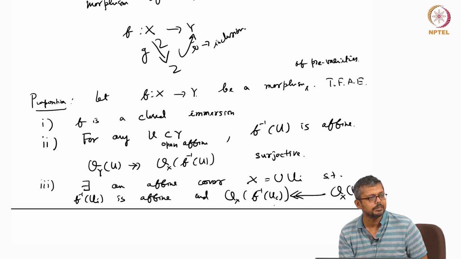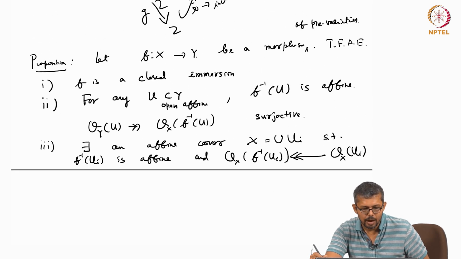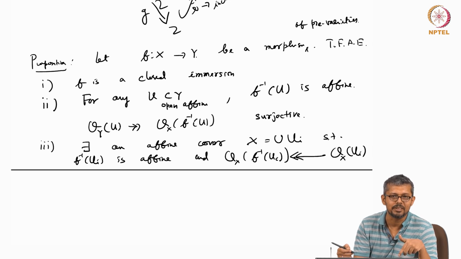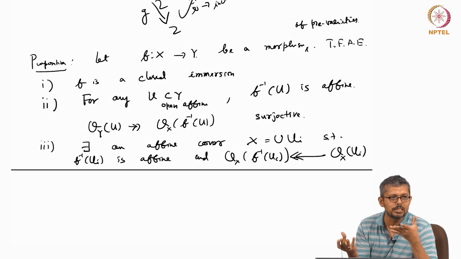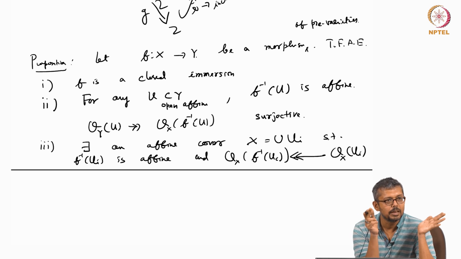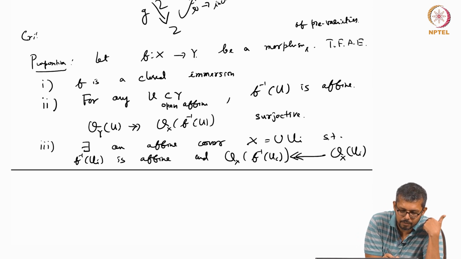Double arrow means surjective. So this is the criterion of a closed immersion. If you take an affine open subset downstairs, the inverse image has to be affine, and not only that, it is a surjective map at the sheaf level. So this is the criterion of a closed immersion.